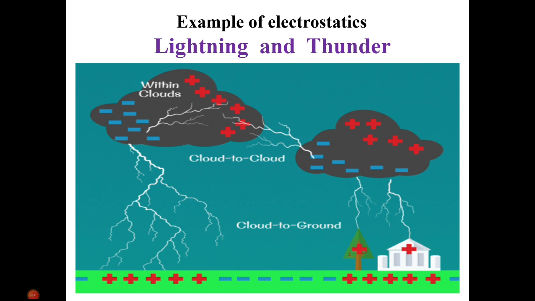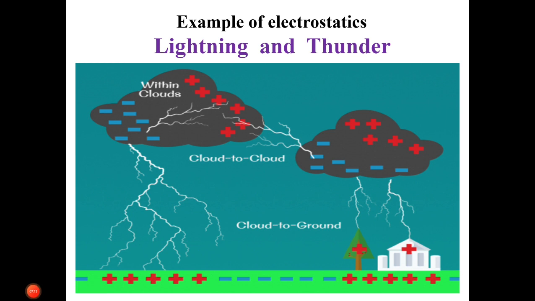If the clouds are moving, the ice crystals and water droplets rub against each other, so charges are produced in the clouds. The positive charge is aligned at the top of the cloud, and the negative charge, that is electrons, aligns at the bottom of the cloud. The bottom of the cloud is more negative, that is, more electrons are at the bottom.